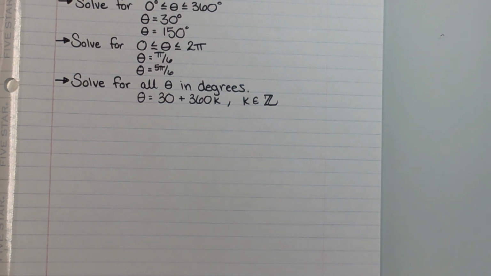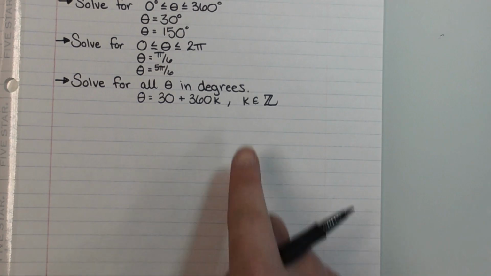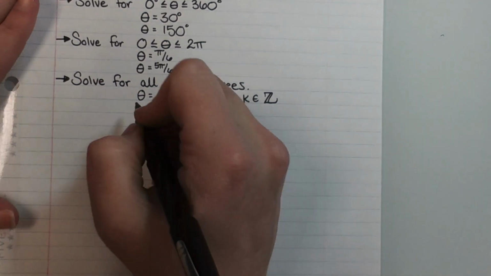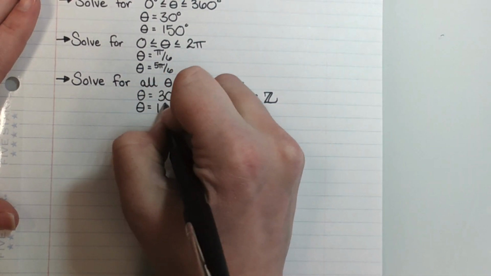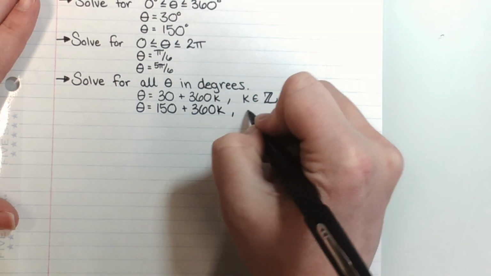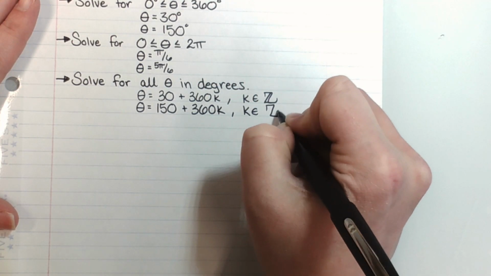That's half of my infinity. What's the other half? No. K takes care of integers. It takes care of the minus. The 150 plus 360K, where K is an integer.